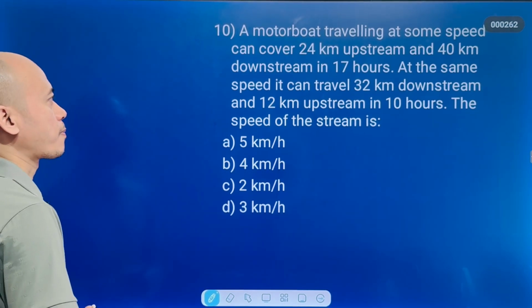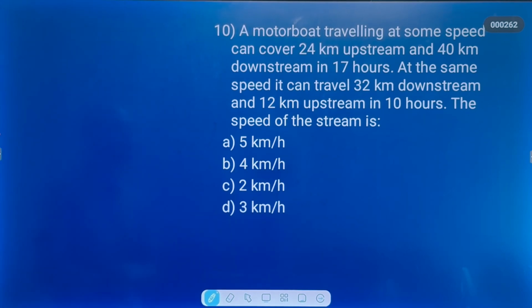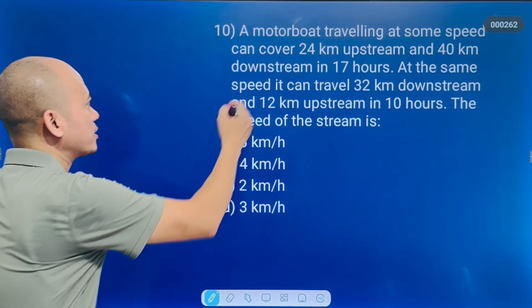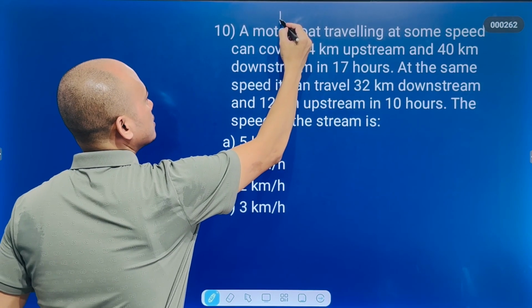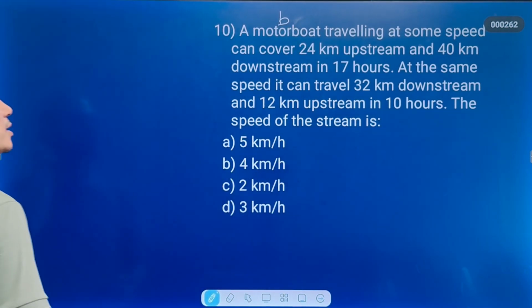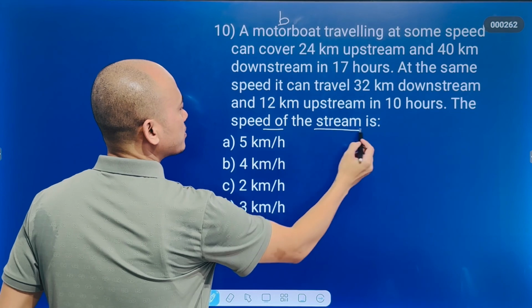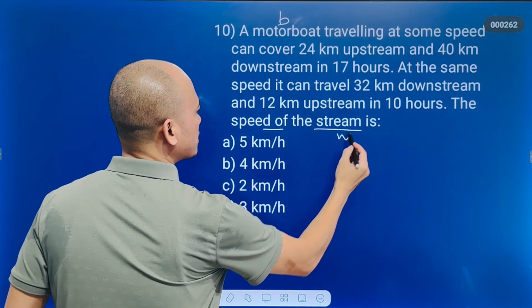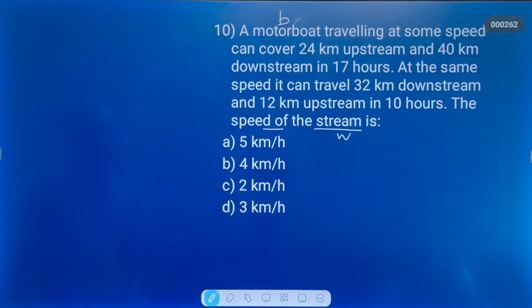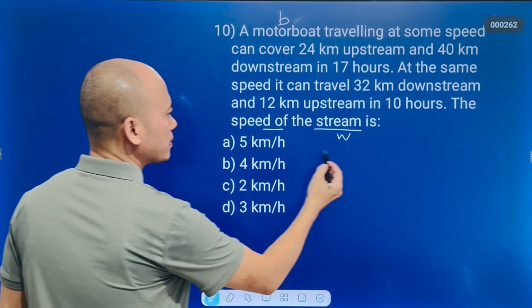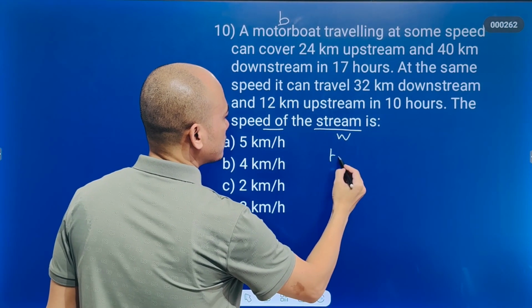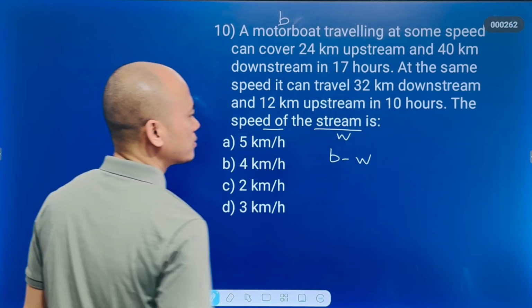So, if there is a boat traveling at some speed, let us say the speed of the boat is b, and the speed of the stream or speed of water is, let us say, w. So, in case of upstream, it will be b minus w.